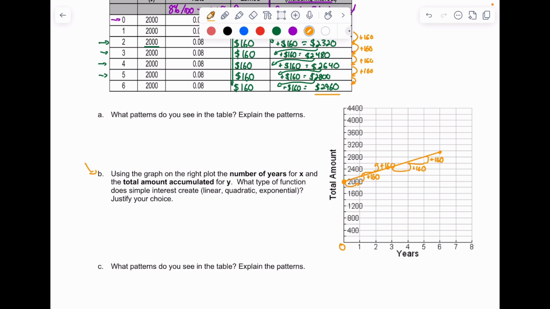What happens when you move over one and up the same amount each time, and when it is a constant pattern? Well, the pattern you see here is a linear pattern. A linear pattern, okay, right? The increase is constant.